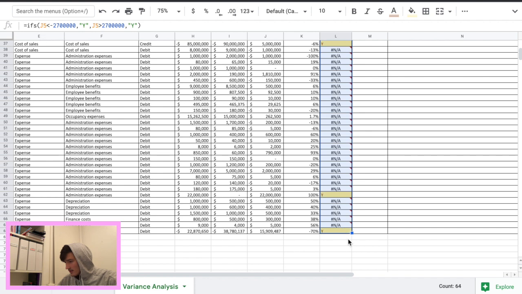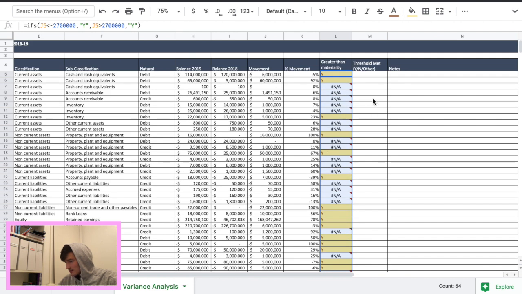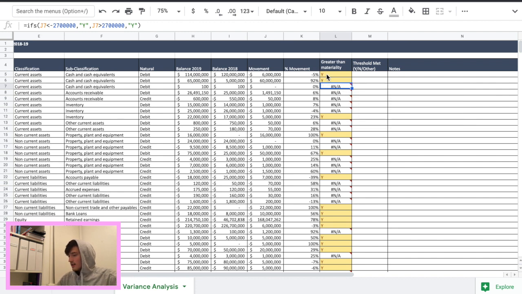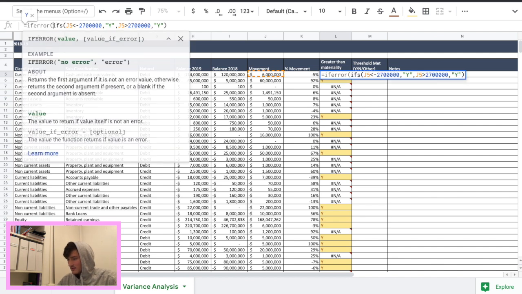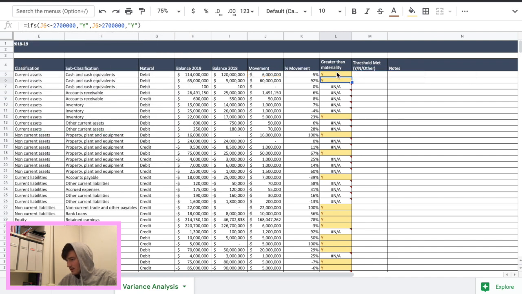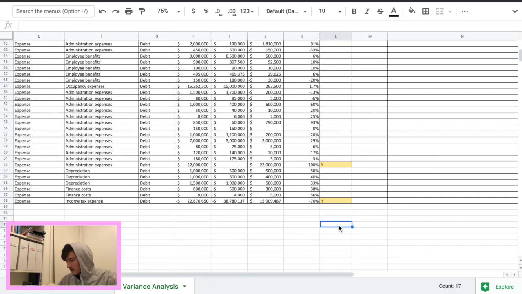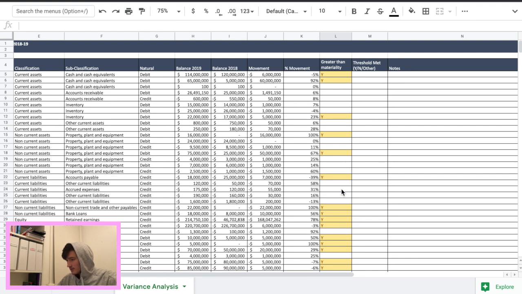All right, so there are error messages, so that's because I didn't signify a false value. So what I'm going to do is fix this with if error, and then I will simply put a comma and close bracket. So it will give us nothing. And hopefully that gets rid of it. Nice, okay. Not too difficult there.